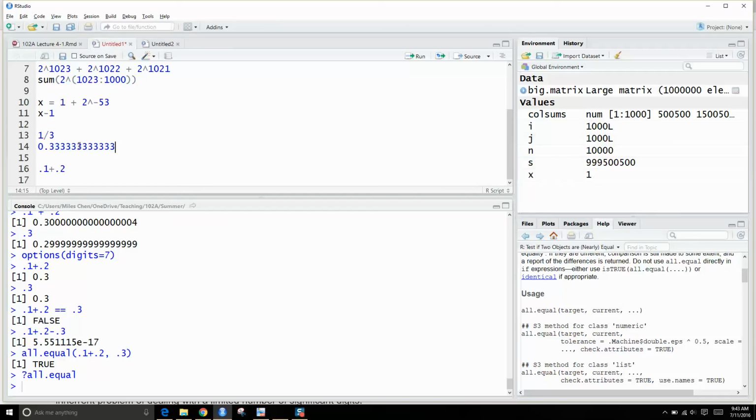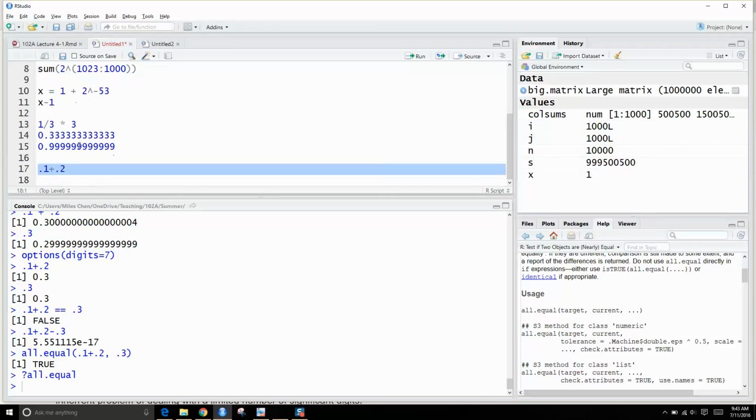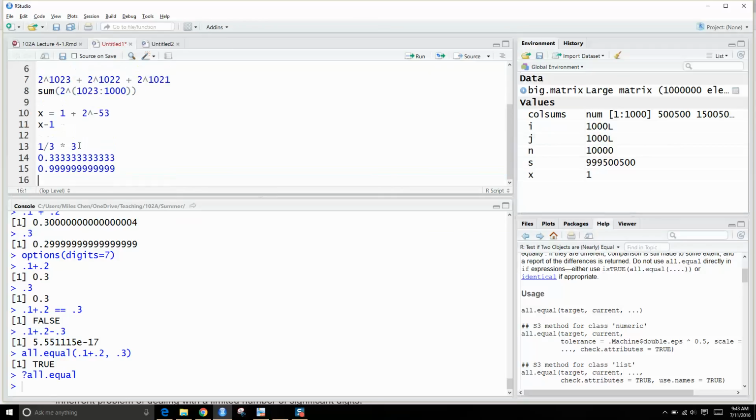If I asked what's 1/3 times 3, most modern calculators are smart enough to know this, but some older calculators will return something like this, and that's basically what we're seeing when we do arithmetic in R here.